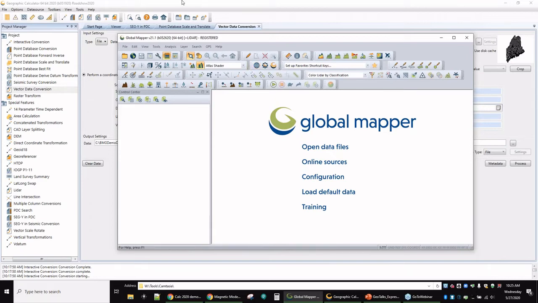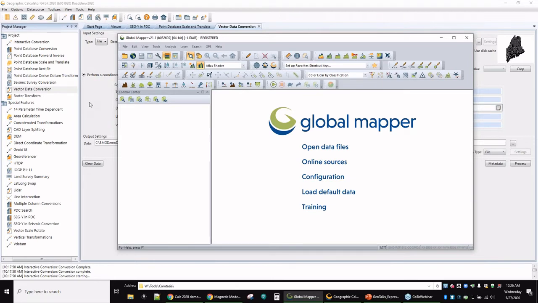It applies all of the admin tools that we have over in Geographic Calculator for making choices of transformations and projections, and really soups up the power of the geodetics in Global Mapper. It gets us the best of both worlds.